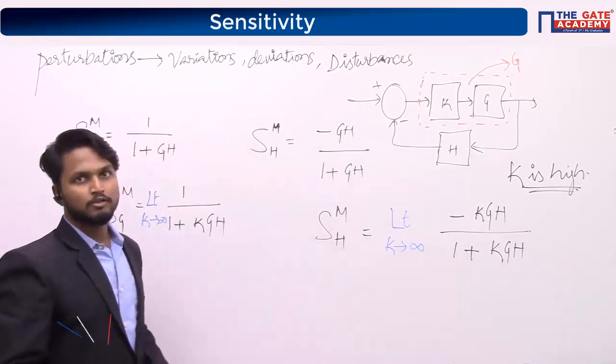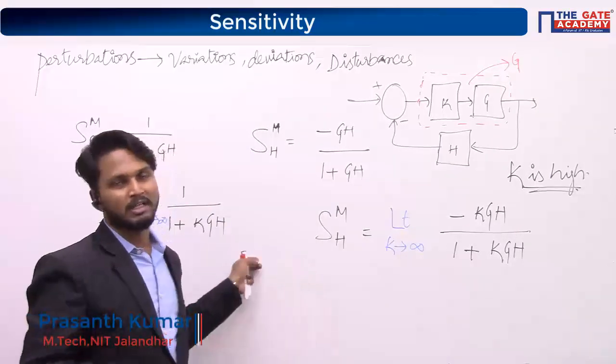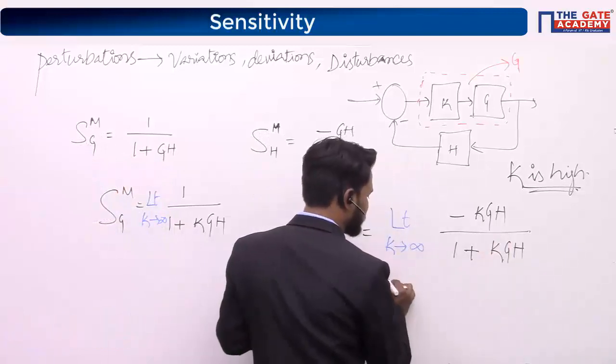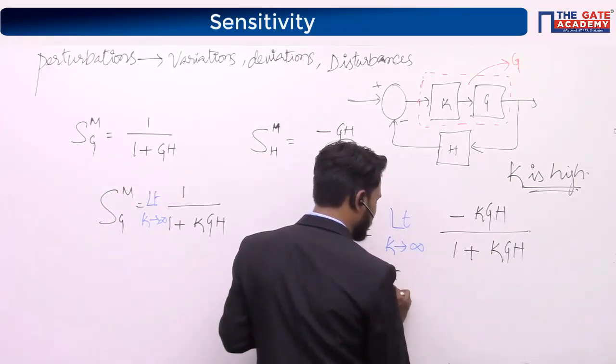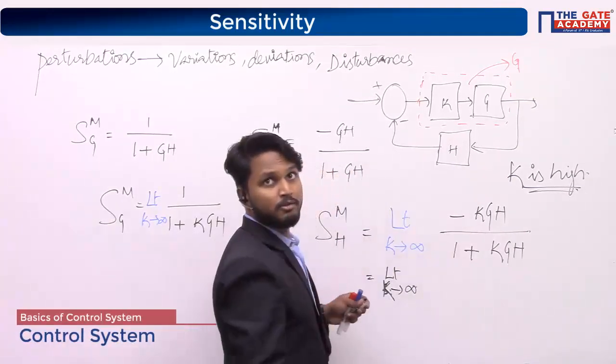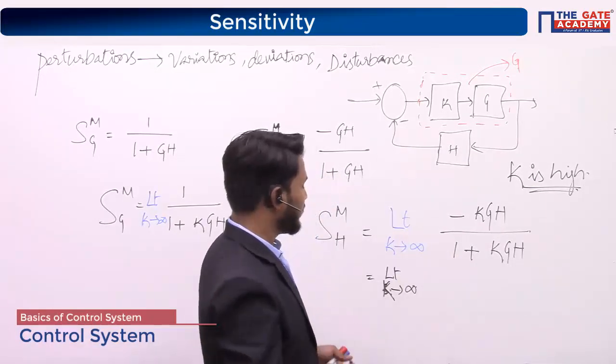So put the limit K approaches infinity, solve the limits and tell me what you get. How will you calculate the limit for this? As K approaches infinity, this gives you infinity by infinity form, which means an undetermined form.